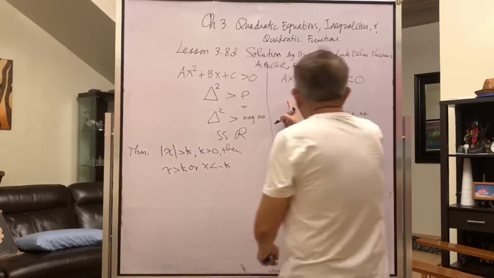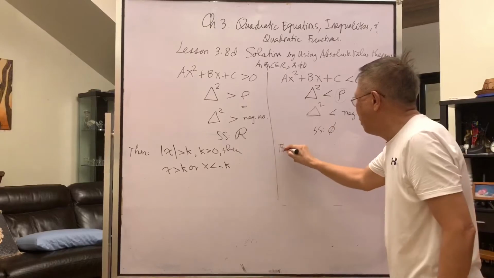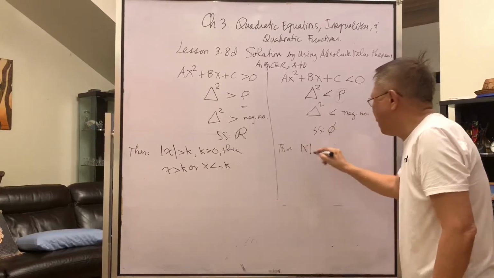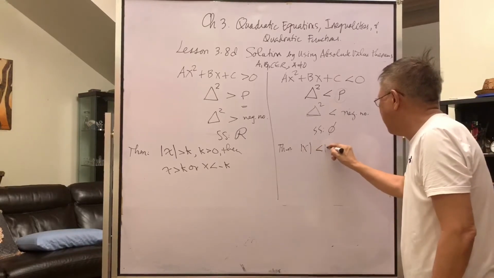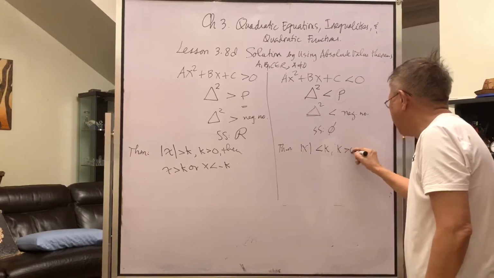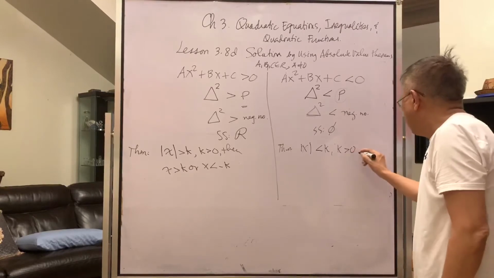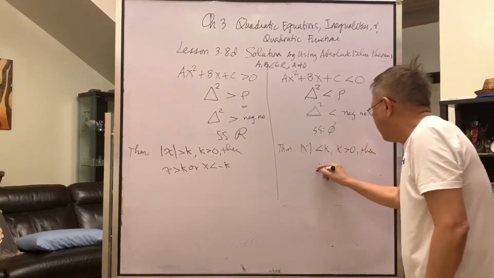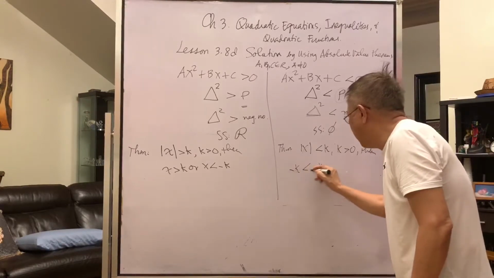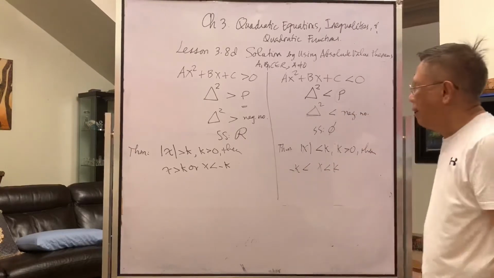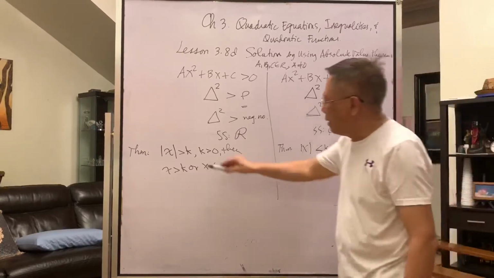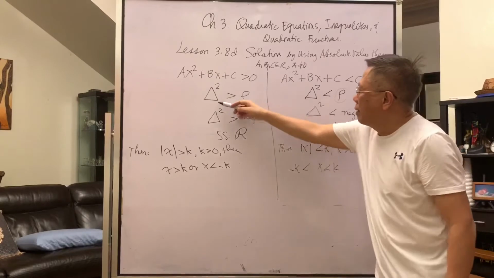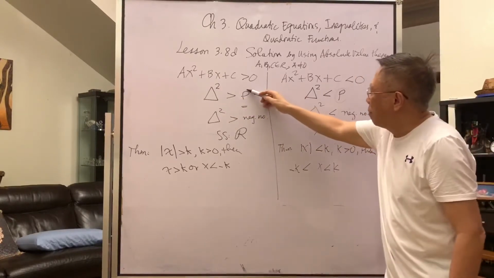On the other hand, if I have absolute value of x is less than k and k is greater than 0, then I have what? X should be in between negative k and k. Again, we are using this theorem if what we arrive at in this statement is a positive p.